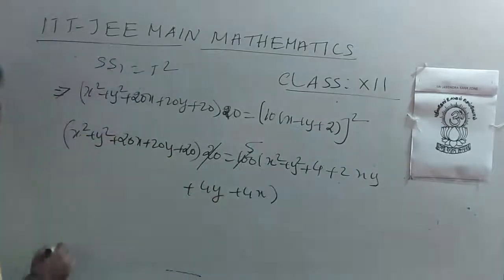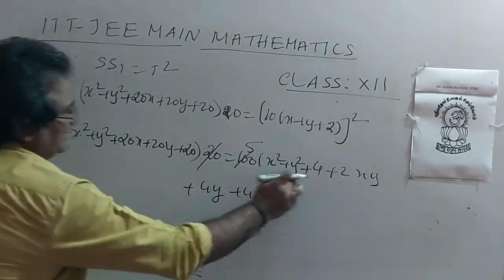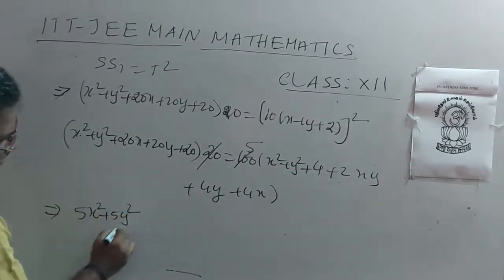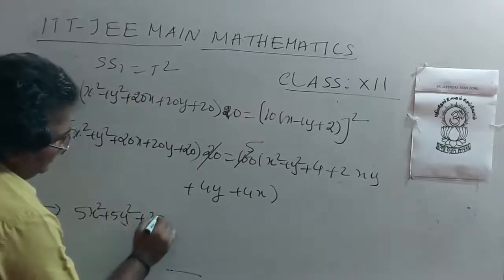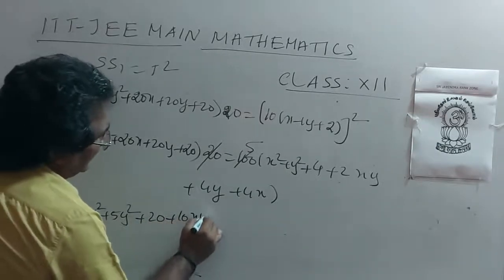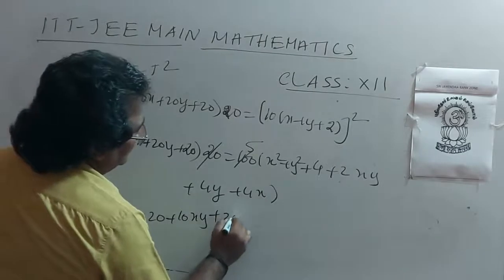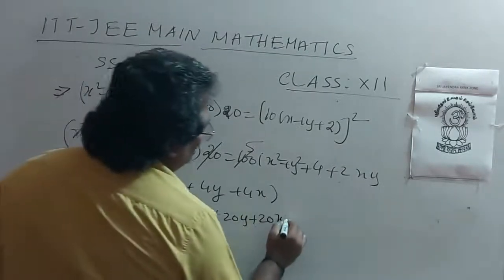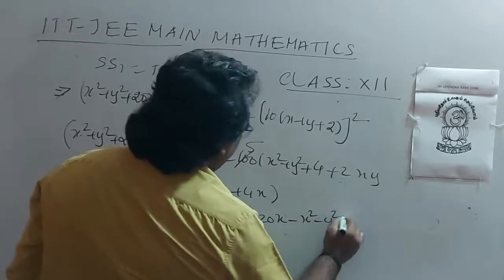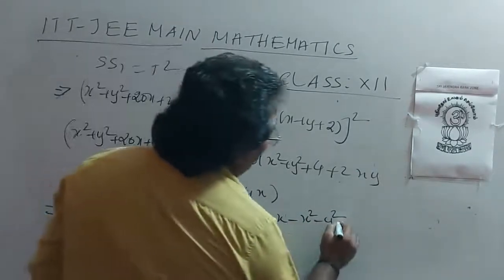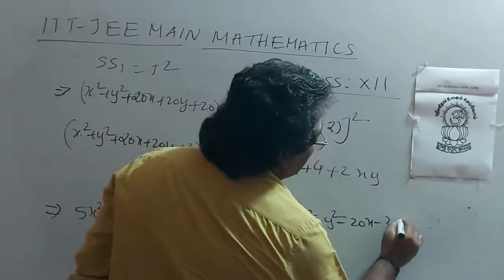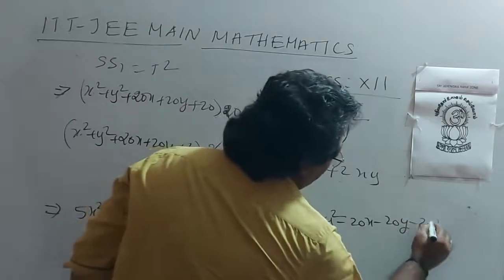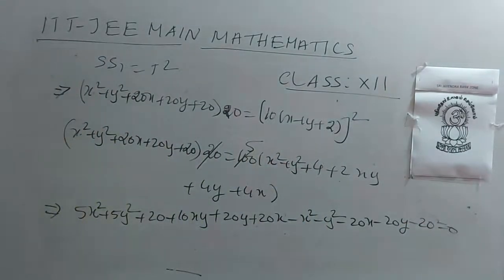That is 5, which implies first multiply 5 inside: 5x squared plus 5y squared plus 20 plus 10xy plus 20y plus 20x minus x squared minus y squared minus 20x minus 20y minus 20 equals 0.